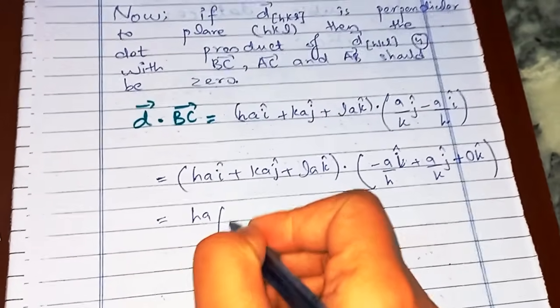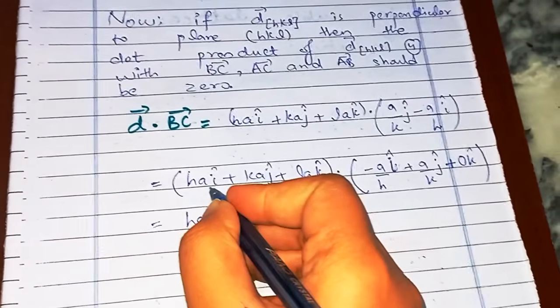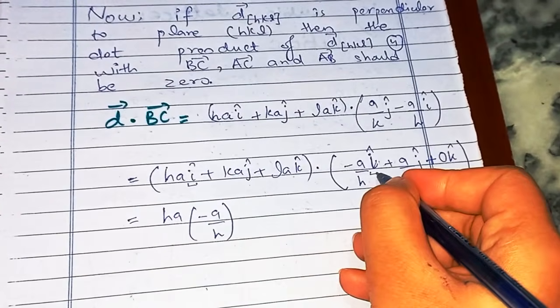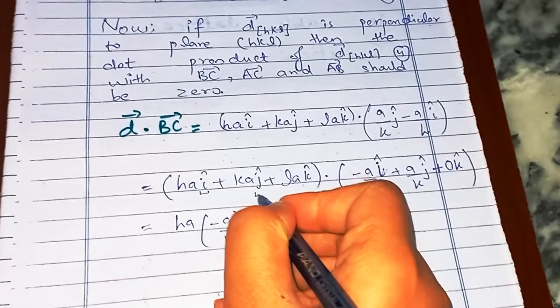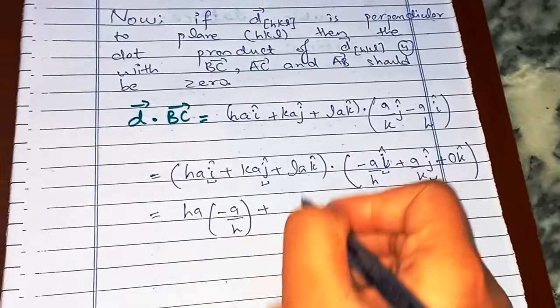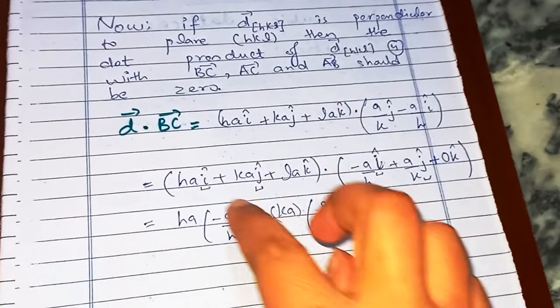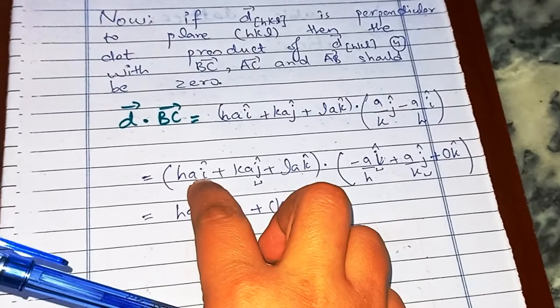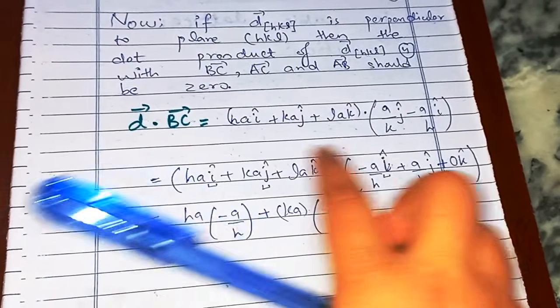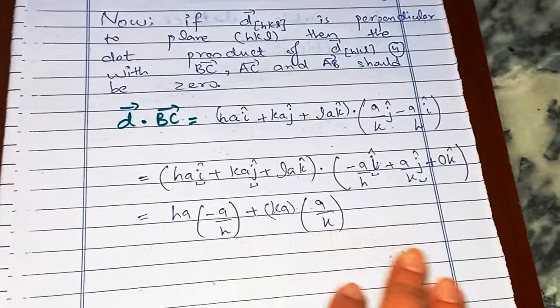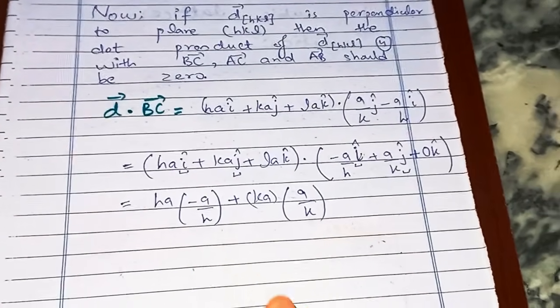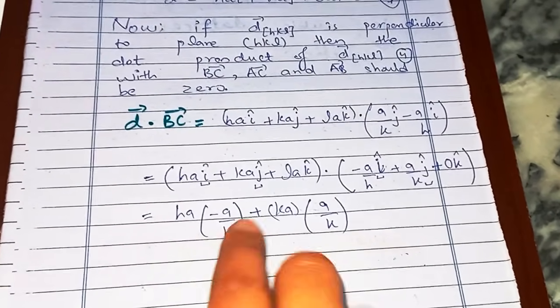I hat will multiply with I hat, then J hat will multiply with J hat, so KA into A by K. During multiplication you are not supposed to write these unit vectors because they become 1. That is the property of dot product.